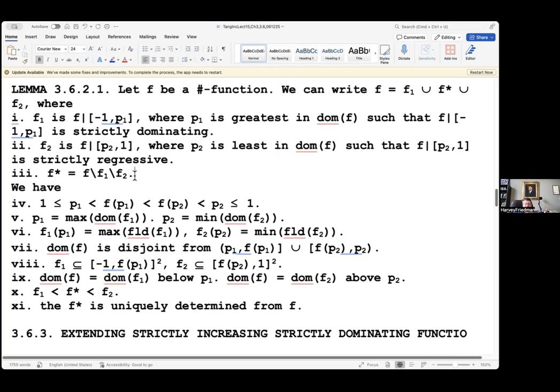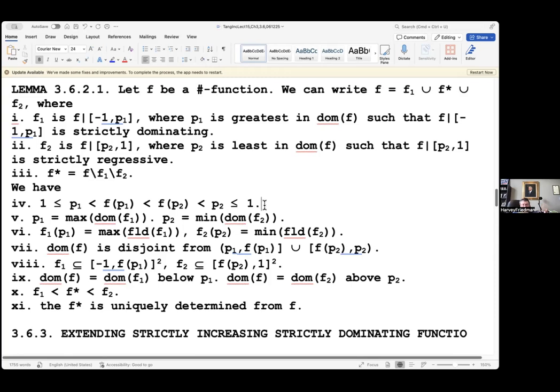Now, this construction has a few properties that are important to talk about. P1 is less than F of P1. Well, that comes from the strict domination. That is less than F of P2, which is smaller than P2, and that's smaller or equal to 1.